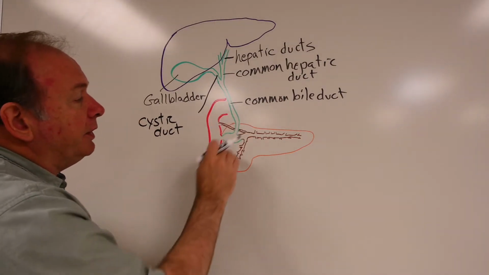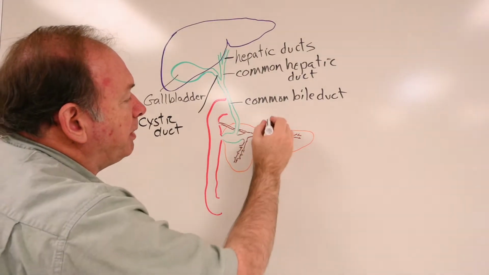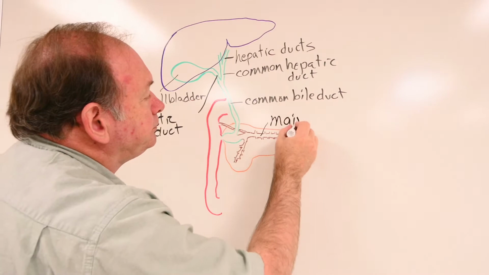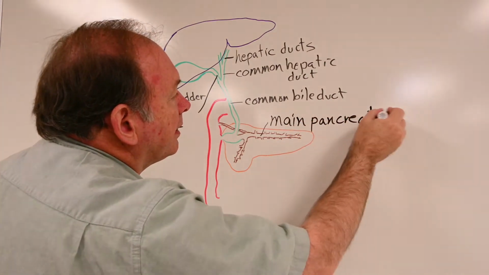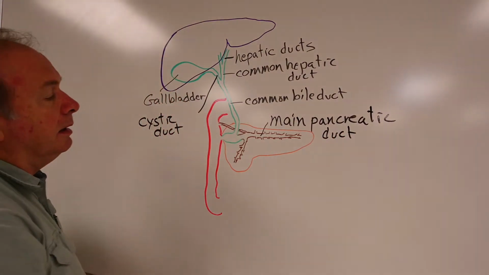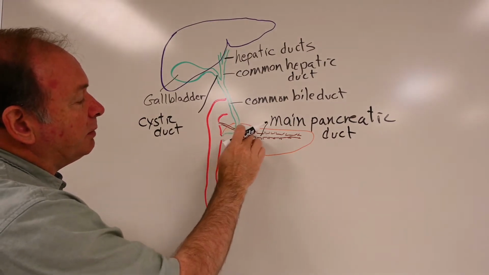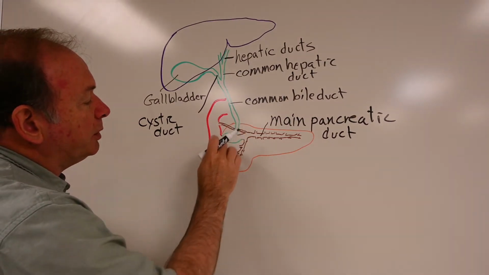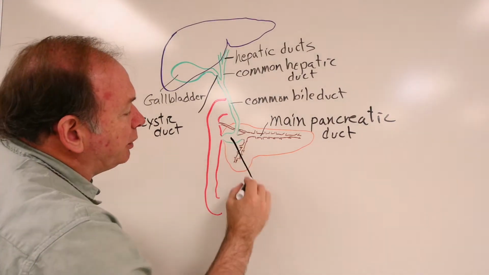The common bile duct joins with the main pancreatic duct. Here's the main pancreatic duct. And that leads into a small space here where the two come together before entering into the intestine. This is called the ampulla of Vater.